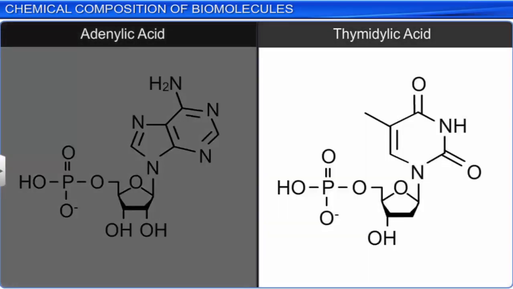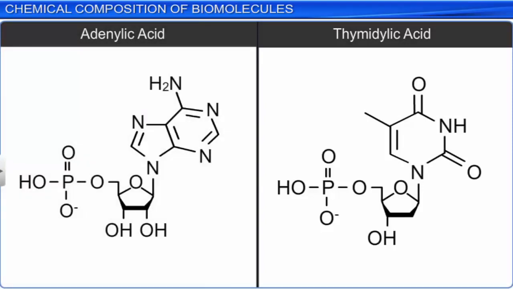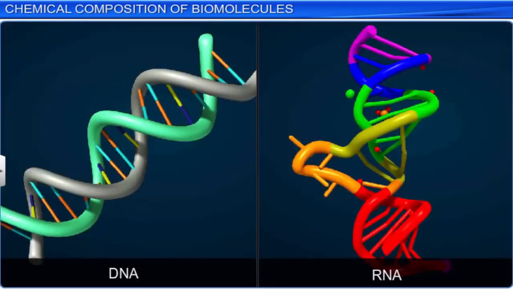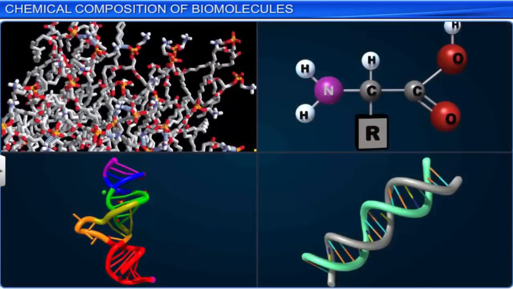Nucleic acids such as DNA and RNA consist of nucleotides. They are molecules involved in heredity. Thus, biomolecules act as building blocks of life and perform vital functions in living organisms.